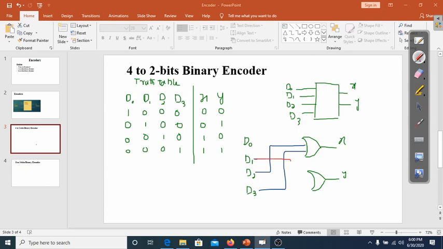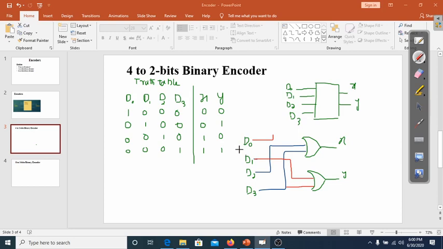So I will use input d1 and connect it with this OR gate, and y is active high when d3 is active high. And this input is useless and we will not use this input.